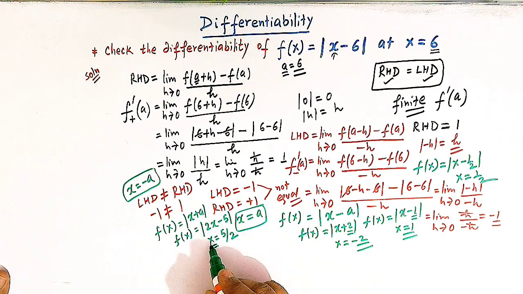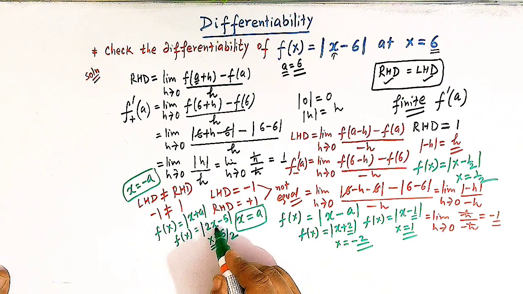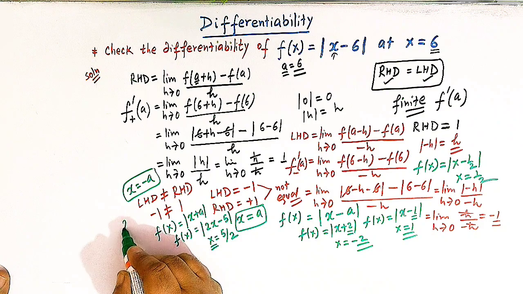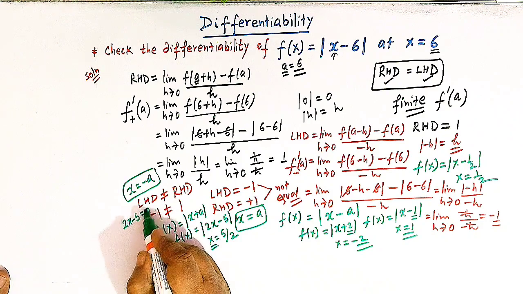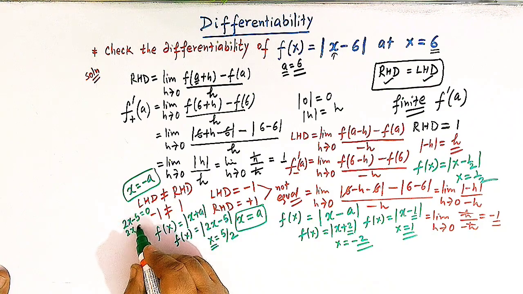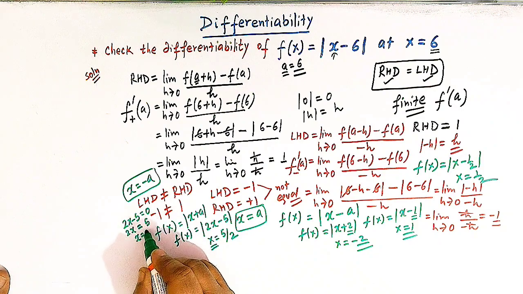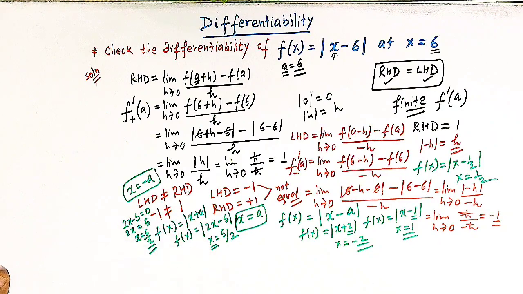This point x equal to 5 by 2 can be obtained by equating 2x minus 5 equal to 0, so we have 2x equal to 5, so x equal to 5 by 2. So this is how we can check the differentiability of mod functions.